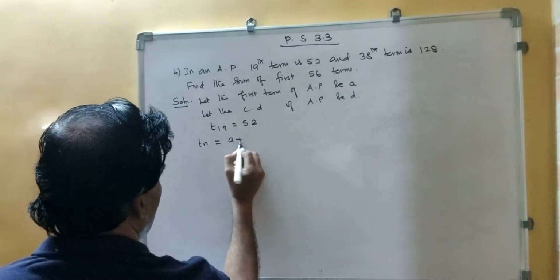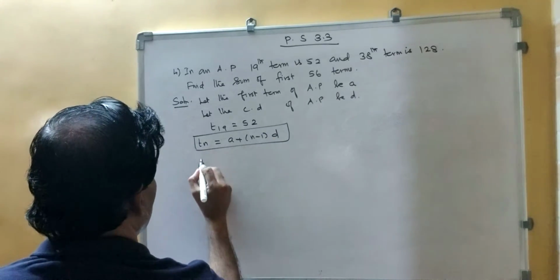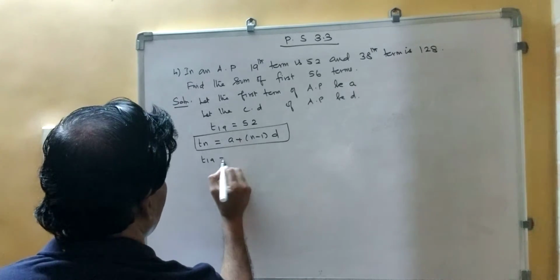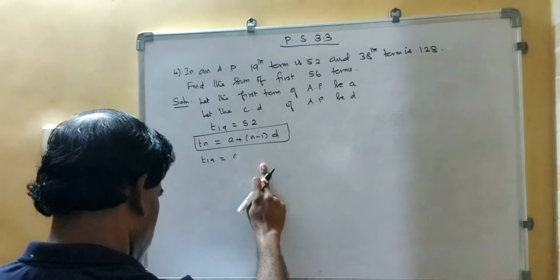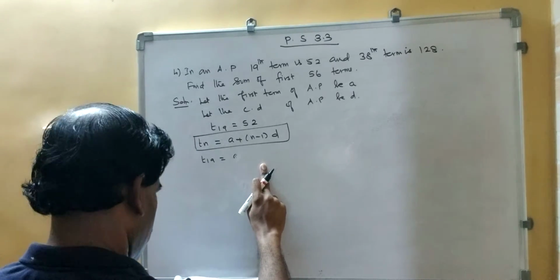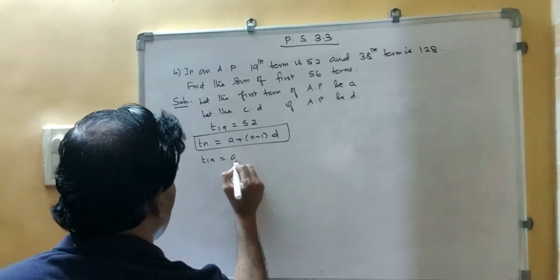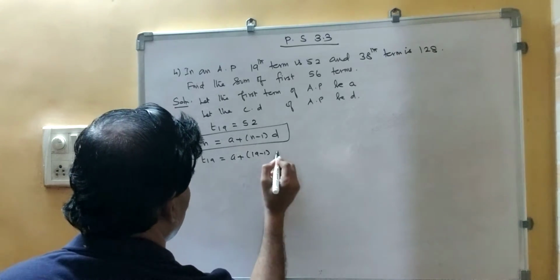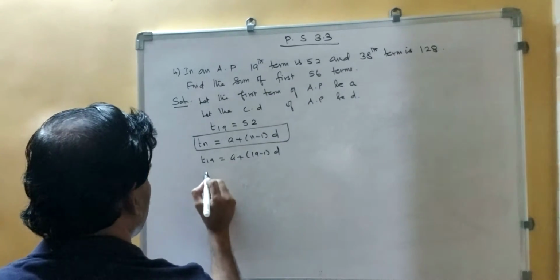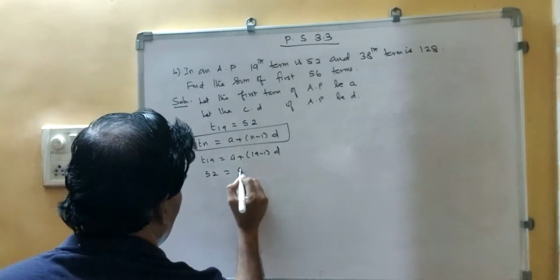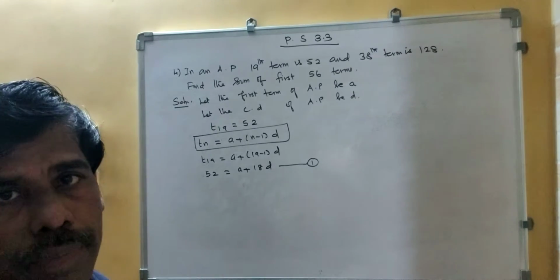Tn equal to A plus (n minus 1) into D. So T19 equal to A plus (19 minus 1) into D. So T19 is 52, A plus 18D. This is equation number 1.